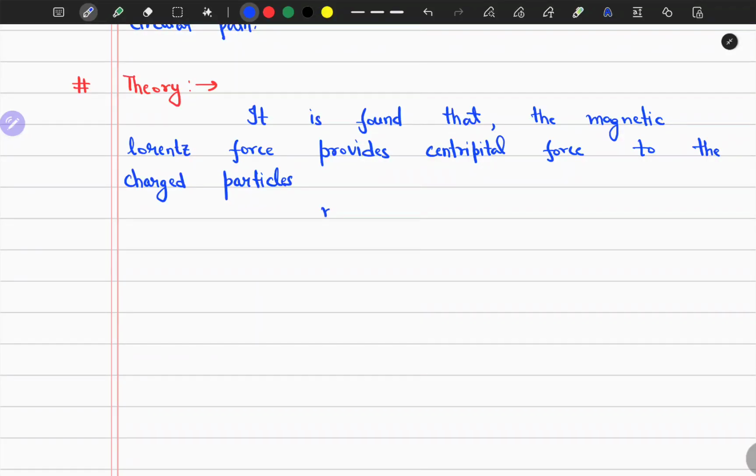What is centripetal force? It is mv square over r equals q b v.